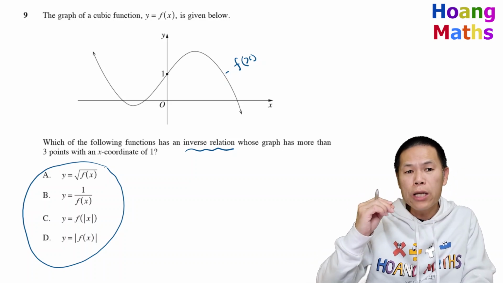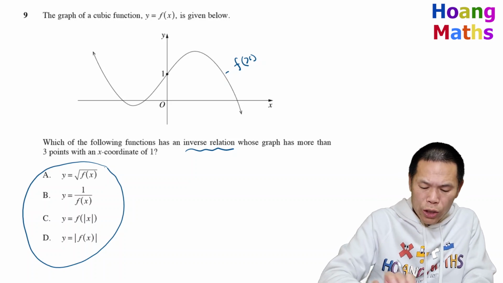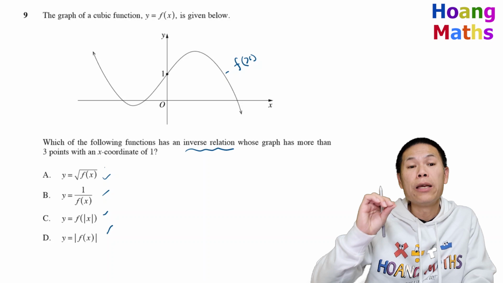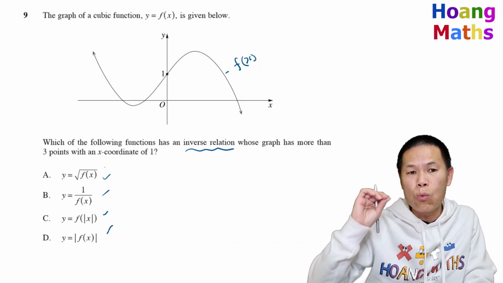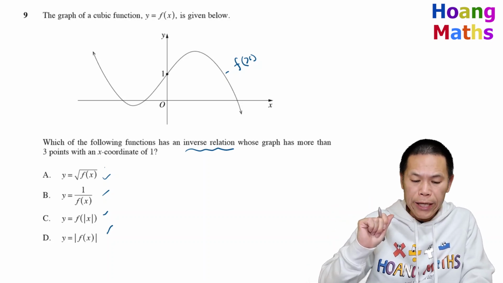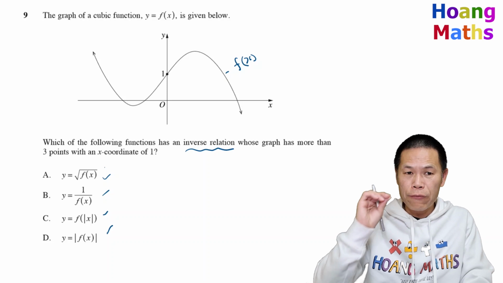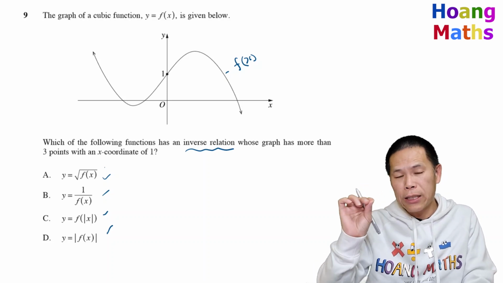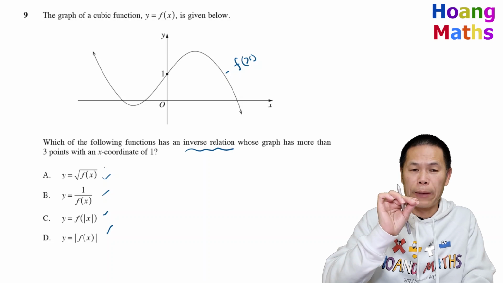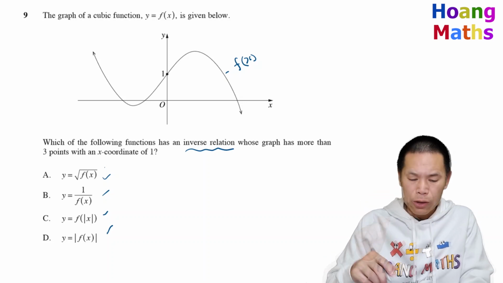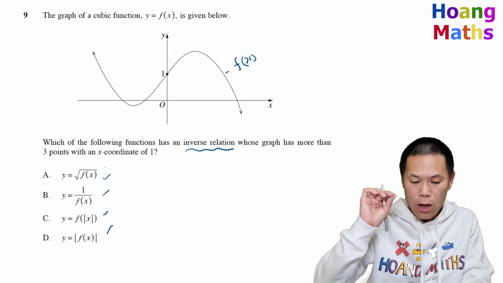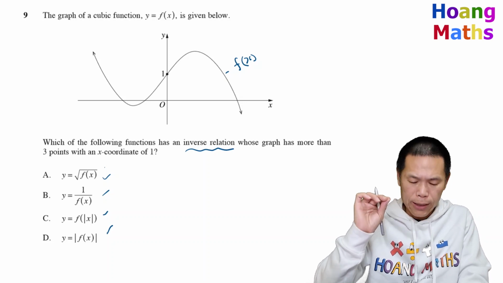In another word, we need to work out which of these graphs has more than 3 values where y is equal to 1, because we know that for inverse functions, the y values become x values and x values become y. Keep that in mind. So which of these have more than 3 y values of 1? That's all it is.